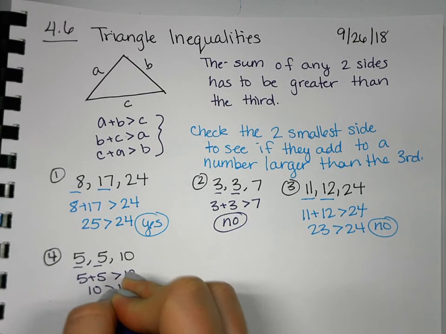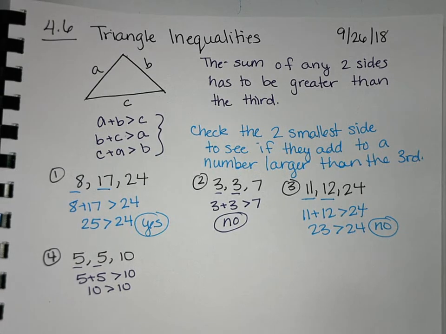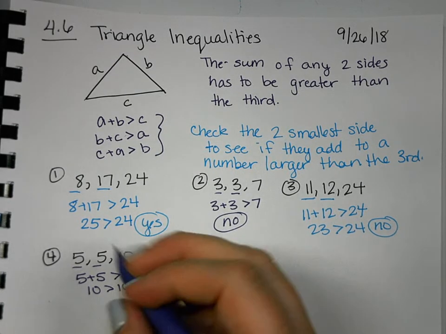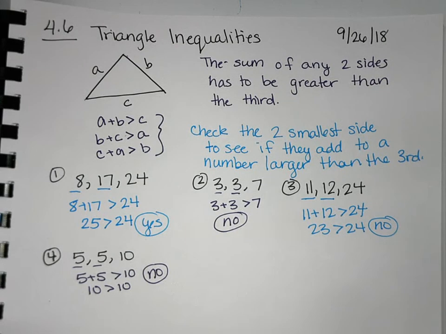Well, think about it. We have to be bigger, not the same. So this would also be a no. And it's really common that we forget that it can't be equal, and we sometimes accidentally say yes. Make sure that it has to be bigger than the third side in order for it to make a triangle.